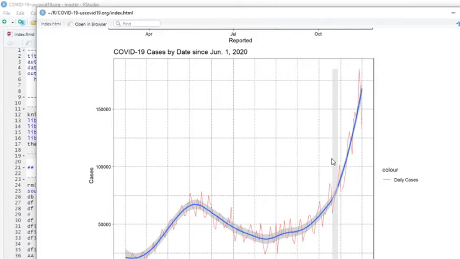The gray line represents the 17 to 21 day incubation period between infection and death. This means we should be seeing these deaths right here. Okay, but where does this come from here?